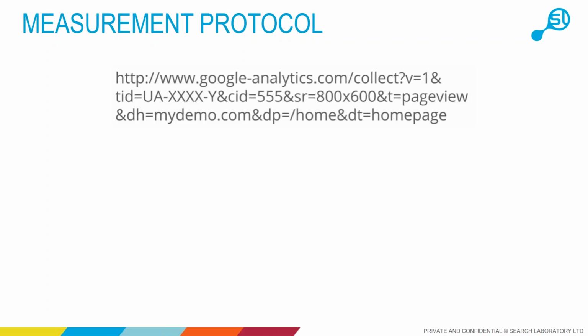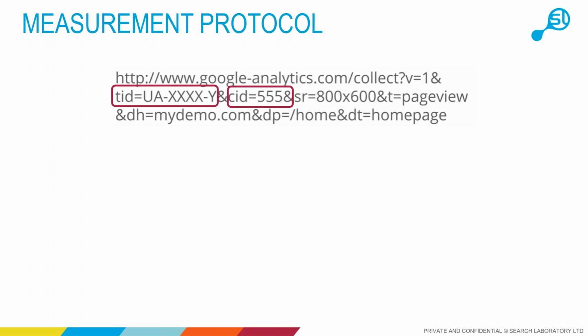At its most simple level, it is being able to construct a URL that sends tracking information to Google. On the screen in front of you, you'll be able to see a URL, and within there, there are bits of information. This is just an example. Some of the information some of you will be familiar with. The TID shows the user account, which should be on every page of your website.